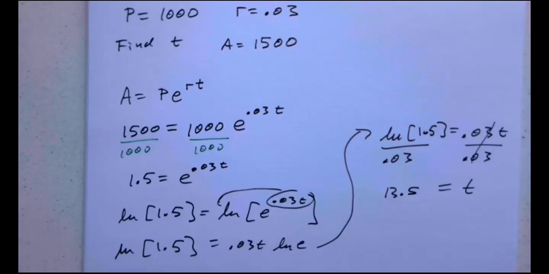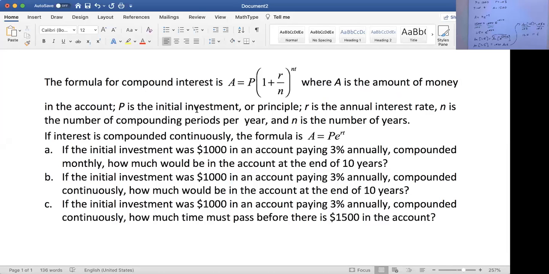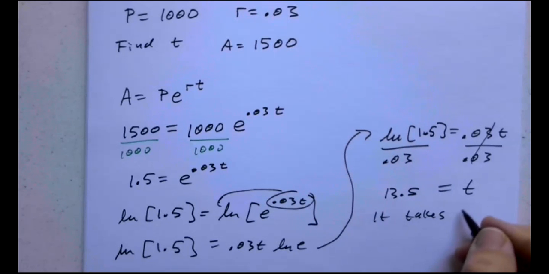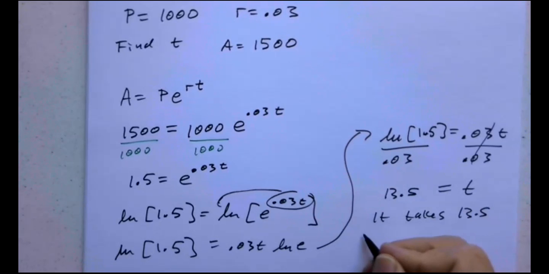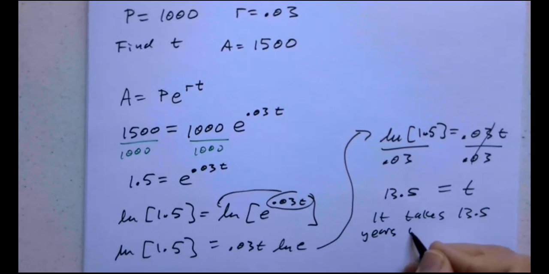So what was the question asking, right? We started with 1,000, getting 3% annually. How long will it take to get 1,500? Well, it'll take a little bit more than 13.5 years for that to happen. So it takes about 13.5 years to reach $1,500 in the account.